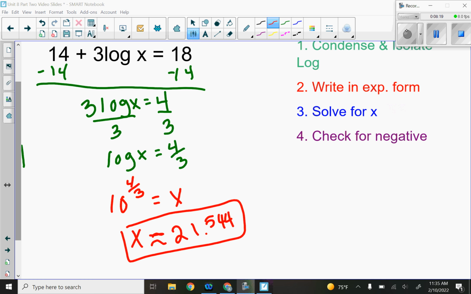And don't forget, we would plug that x back in to check and make sure it's not going to be negative and give us an extraneous answer.